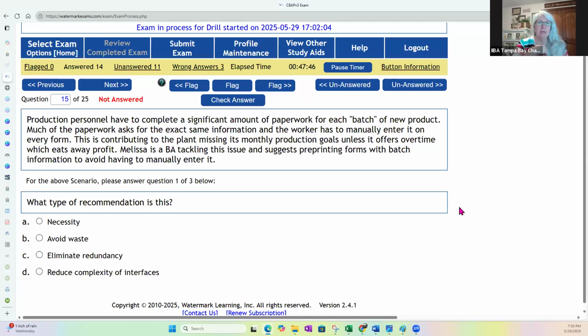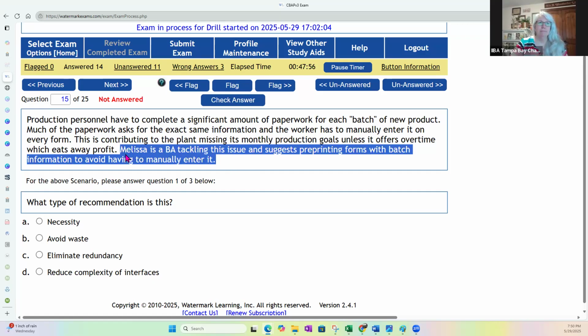Melissa is a BA tackling this issue and suggests pre-printing forms with batch information to avoid having to manually enter it. So she is recommending a solution here. What type of recommendation is this? Is it necessity, avoid waste, eliminate redundancy, or reduce complexity of interfaces?